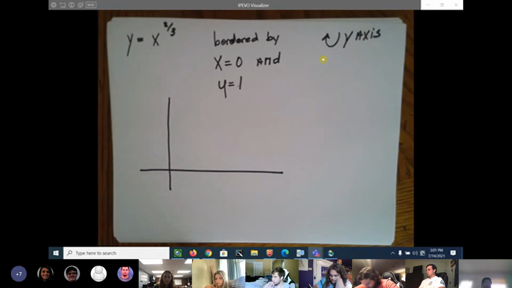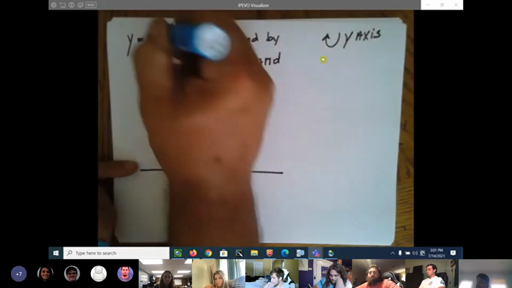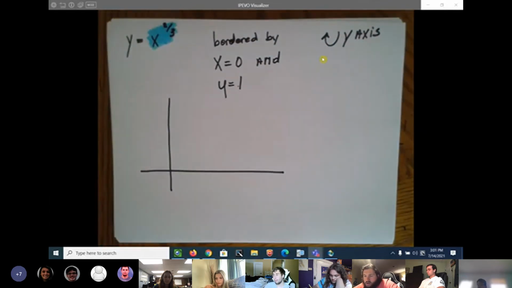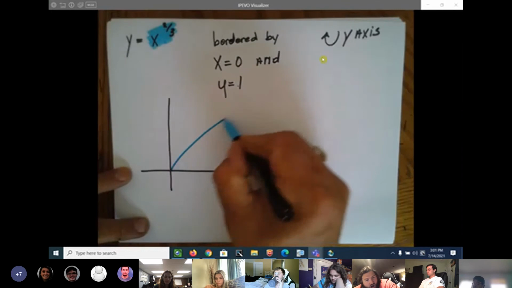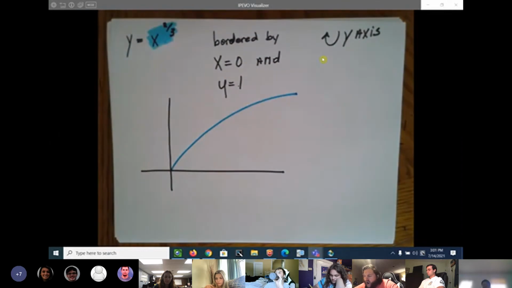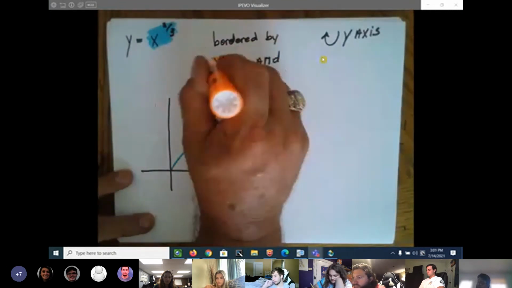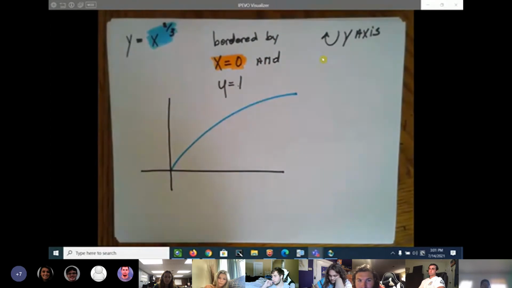I'm going to use blue for the actual function. I'm going to give y'all a little hint. And we're going to use orange. Somebody tell me what that is right there. When I have x is equal to 0 on a graph, what does that mean?